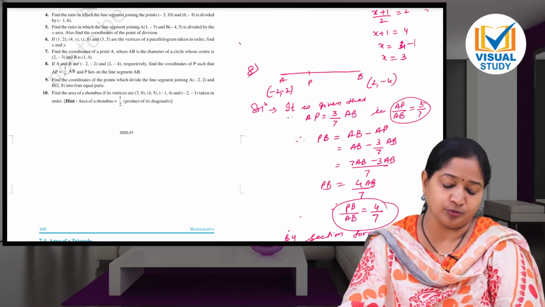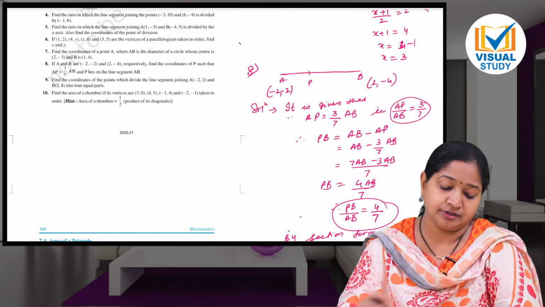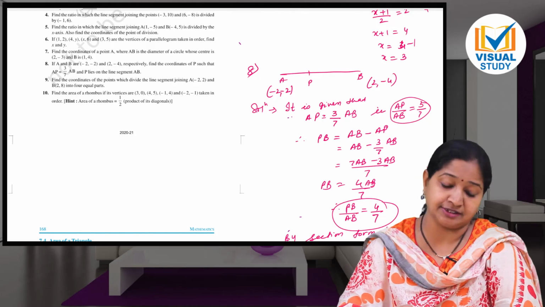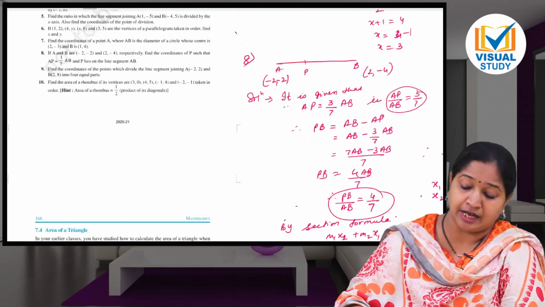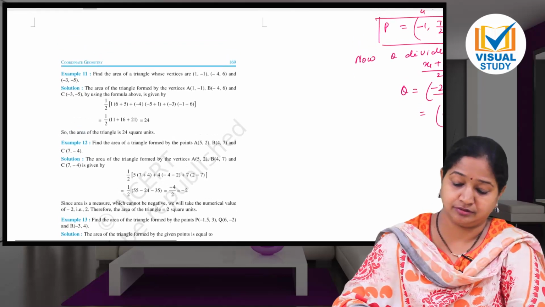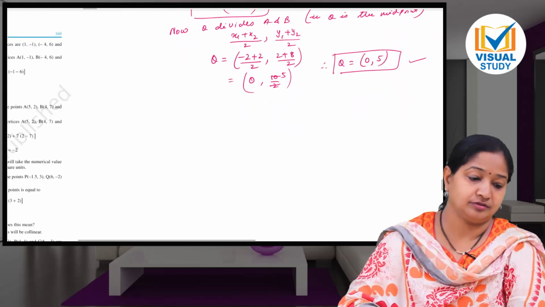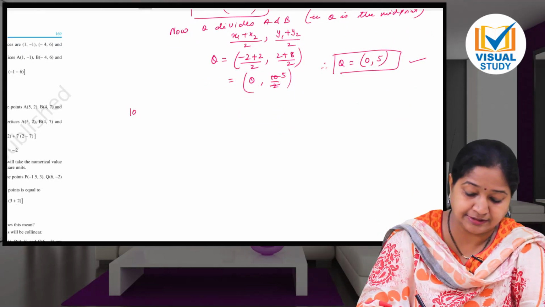Find the area of the rhombus if its vertices are given, taken in the order. And the area of the rhombus they have given as half into product of the diagonals. Now, area of the rhombus. Our last sum.